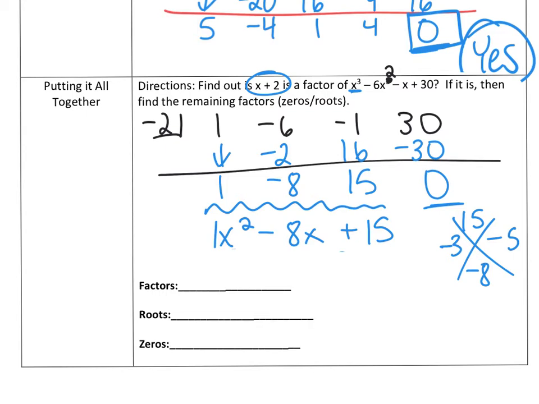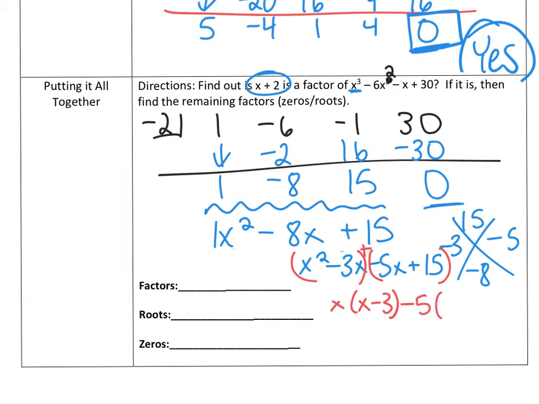So then I just want to factor by grouping. I get x squared minus 3x minus 5x plus 15. Group the first 2, group the second 2. X comes out on the first, negative 5 comes out on the second, and I end up with x minus 5 and x minus 3.